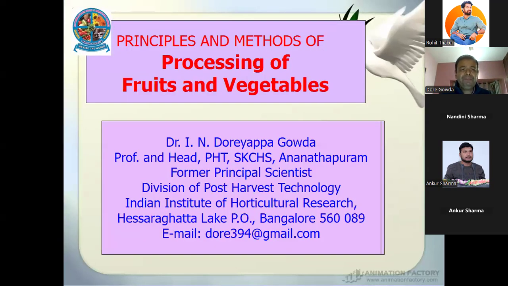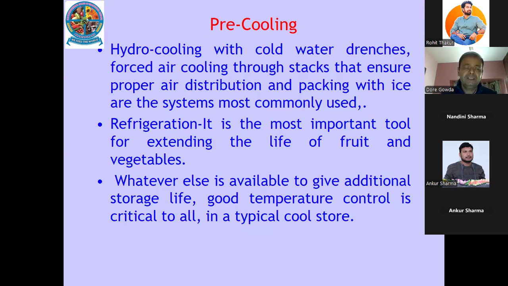Hydro-cooling with cold water drenches is the simplest cooling technique, pouring cold water on the harvested commodity wherever possible. The second is forced air cooling, blowing very cold air, with stacks that ensure proper air distribution, and packing with ice are the systems most commonly used. Refrigeration is the most important tool for extending the life of fruits and vegetables. It is very essential when fruits and vegetables are to be stored, as they will not stay longer unless stored at low temperature.